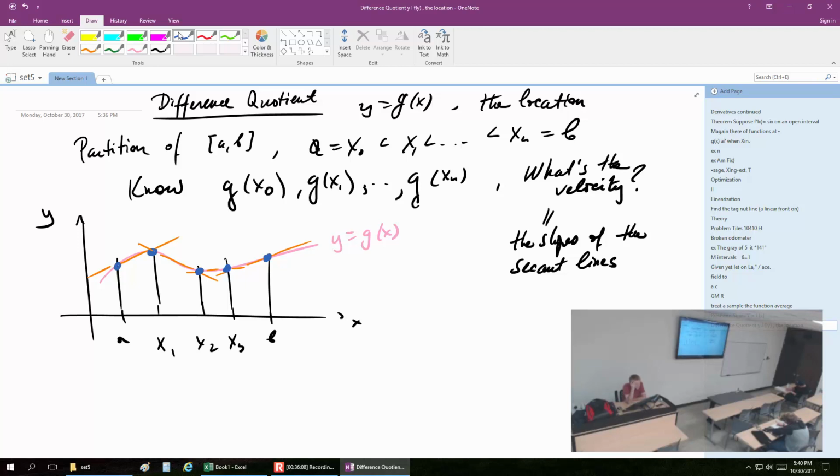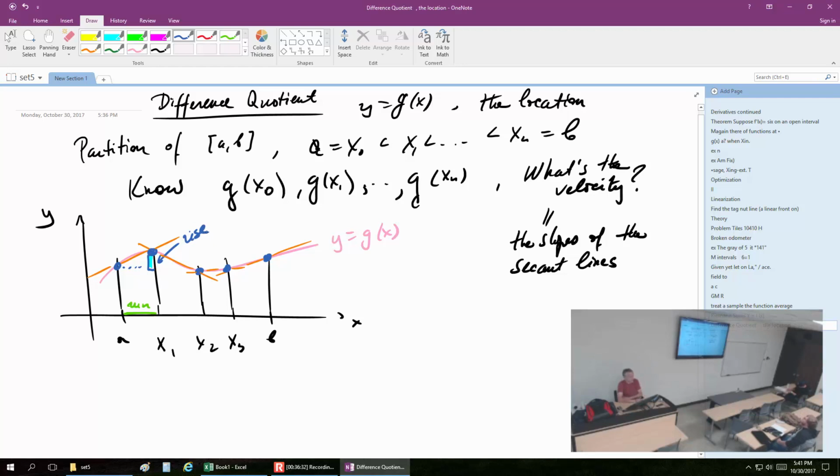So it's really easy to write up, because each of these will be the run, and this one, the vertical one, is the rise.